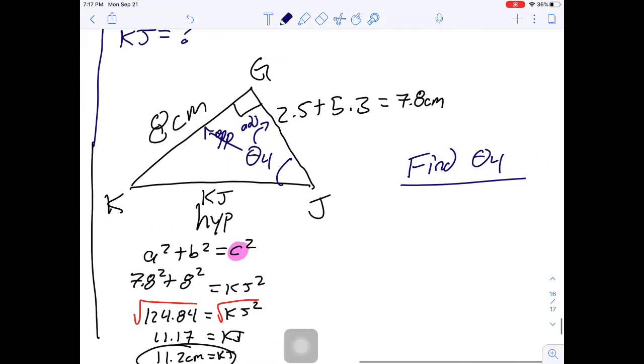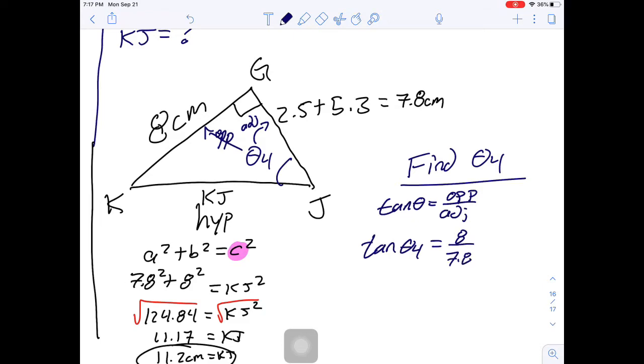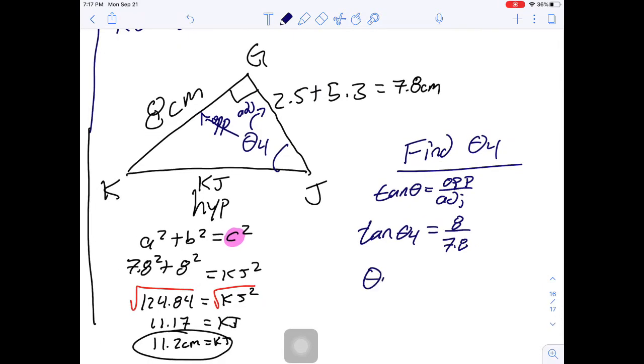So let's use tan. Tan relates the opposite and adjacent to an angle. So tan angle equals opposite over adjacent. In perspective of angle 4, its opposite is 8, and its adjacent is 7.8. And remember, we're trying to solve for this angle, so we are going to take the inverse of the ratio.